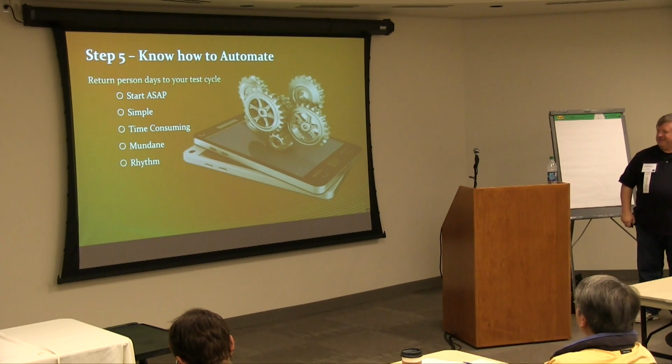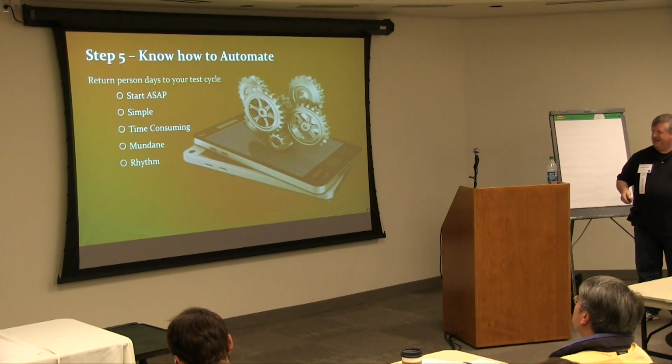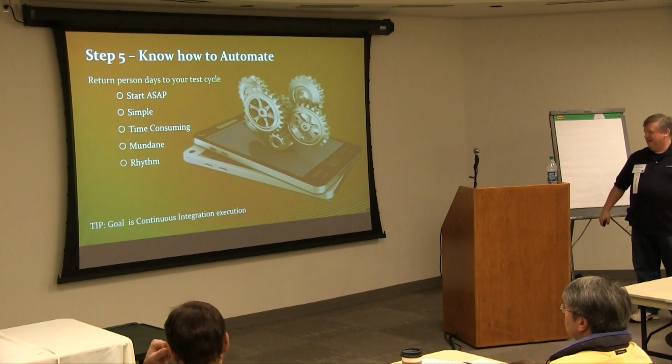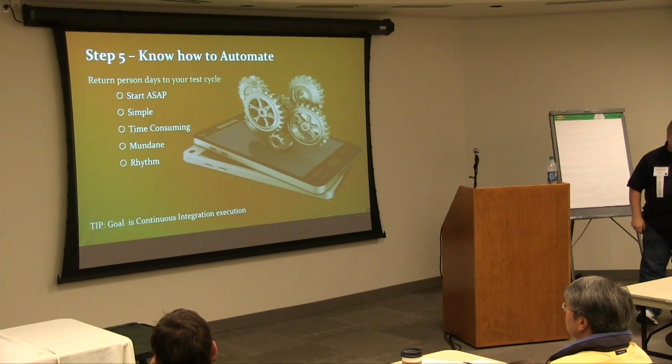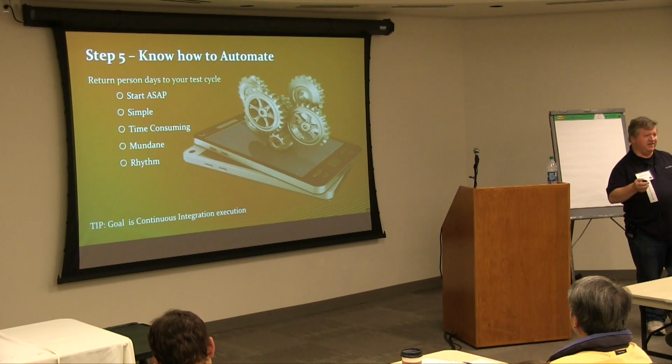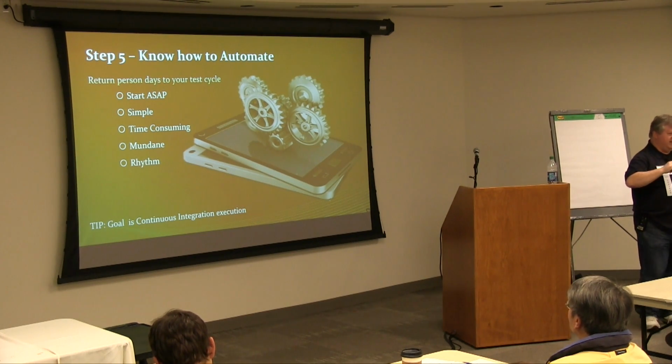You also want to look at the testing rhythm, what is the pattern of testing and how can we automate that? And last, the goal is continuous integration. And hopefully everyone in the room knows the term continuous integration and knows tools like Jenkins, and has these tools.